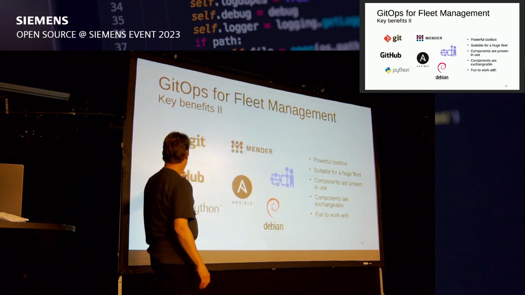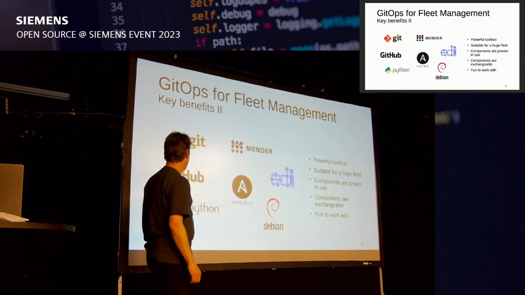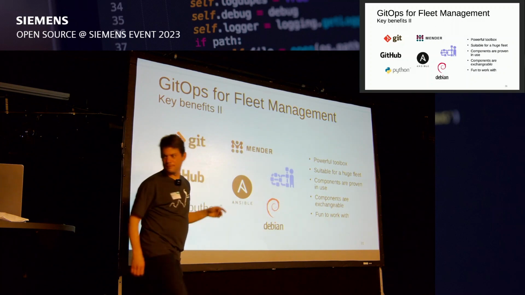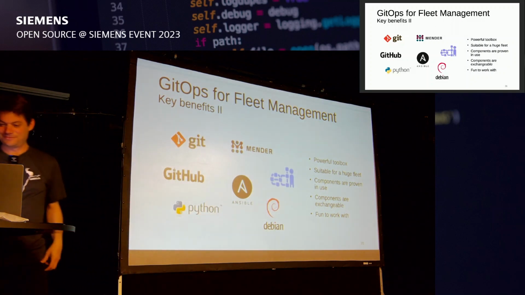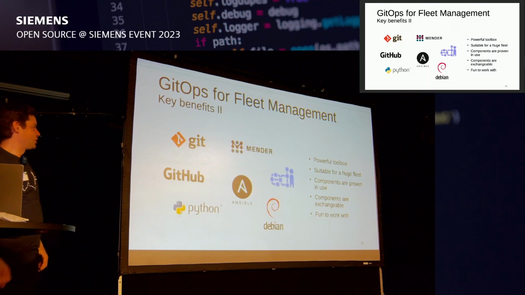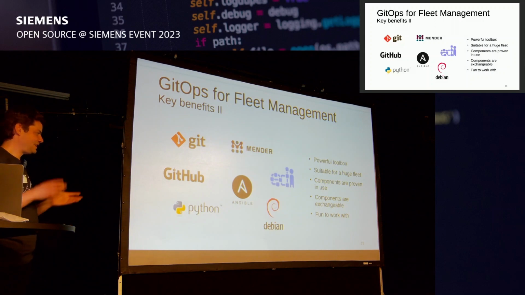If you prefer GitLab over GitHub, take GitLab. If you prefer Subversion over Git, take Subversion. And the components are so far fun to work with. Even though I'm doing Ansible since years now, I still enjoy doing Ansible. It scales also, it's easy to understand.